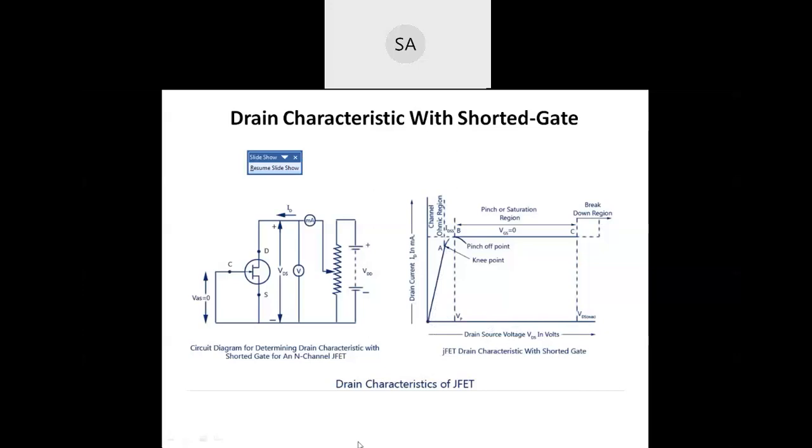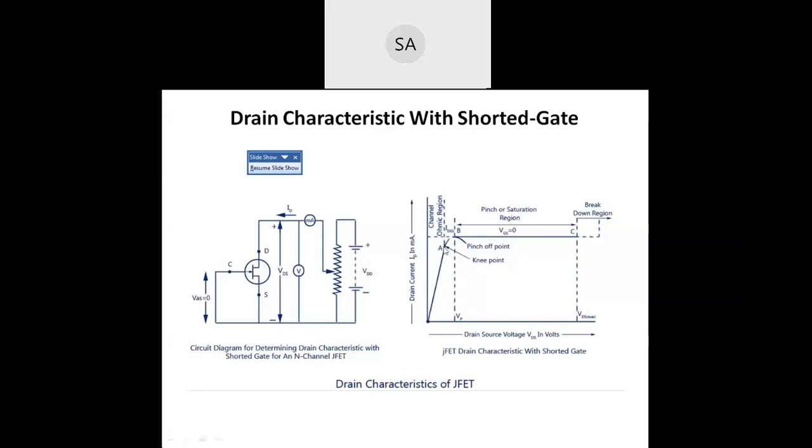The region from 0 to A we call the ohmic region. Why? Because in this region the current increases as you increase the supply voltage. This region obeys Ohm's law, that is, the voltage is proportional to the current. Here the voltage is increasing and the current increases proportionally. That's why we call this region the ohmic region.